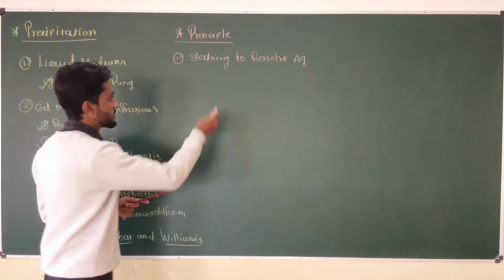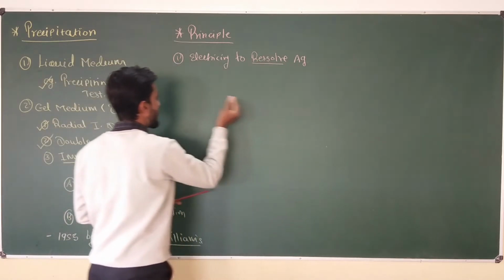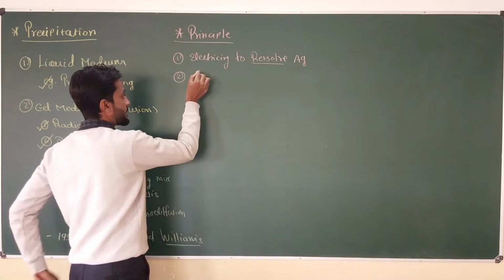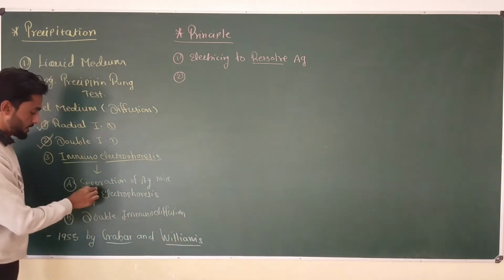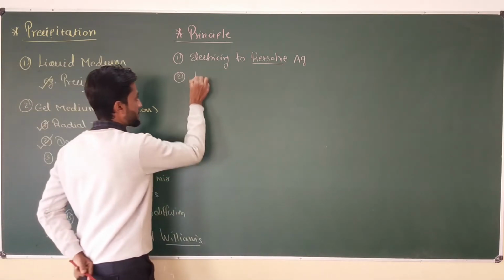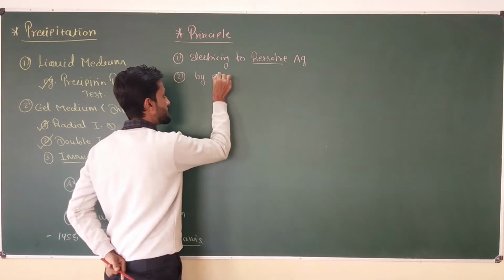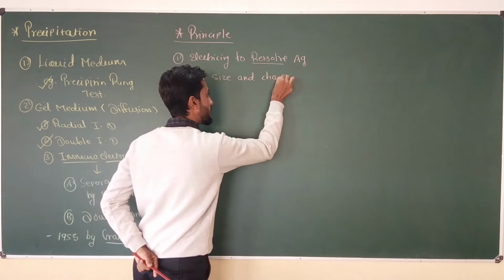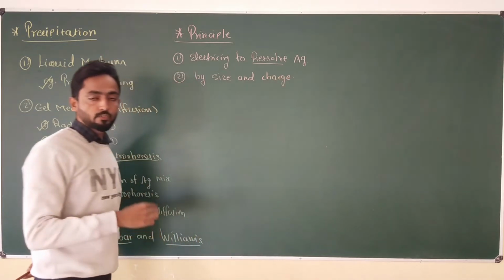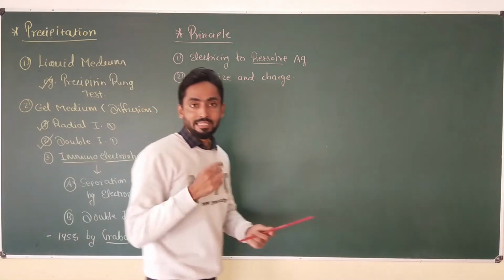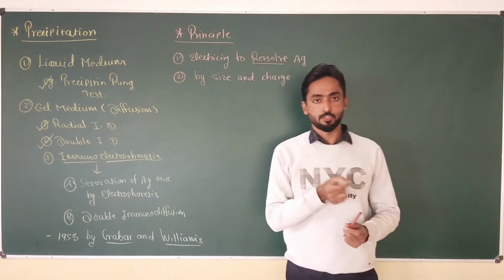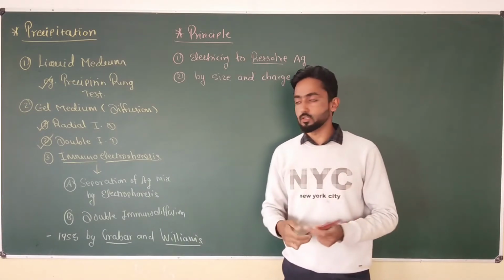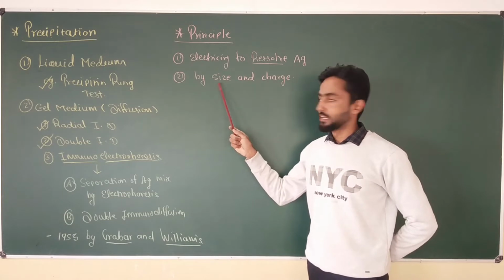So the separation of the antigens occurs in the first step, electrophoresis, by size and charge. There are various other factors which also play an important role in electrophoretic separation of the antigen, but the two most important are the size of the antigen and charge.